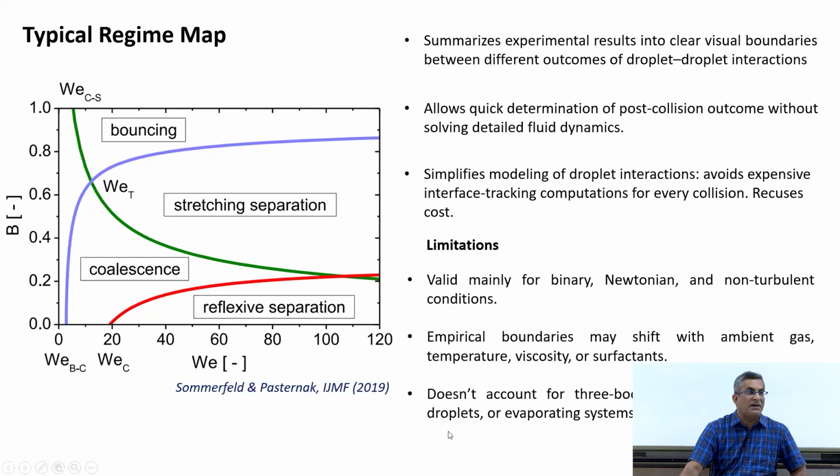Non-spherical droplets: what happens if initially the shape of the droplets is non-spherical, or if you have an evaporating system? If the droplets are evaporating, then how would that affect the collision?